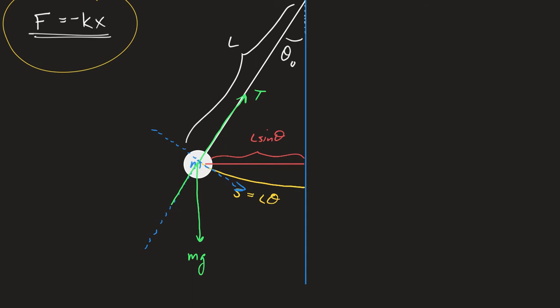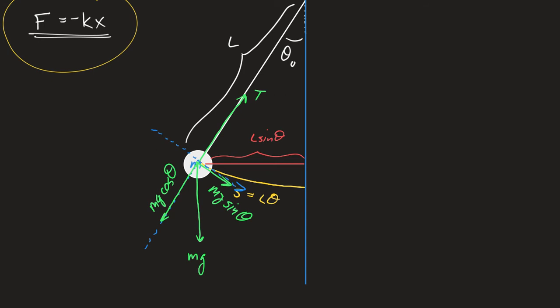And recognize there's a component this way. And that component is mg cosine theta. And I see a component this way, which is mg sine theta. Everybody follow so far? No problems?